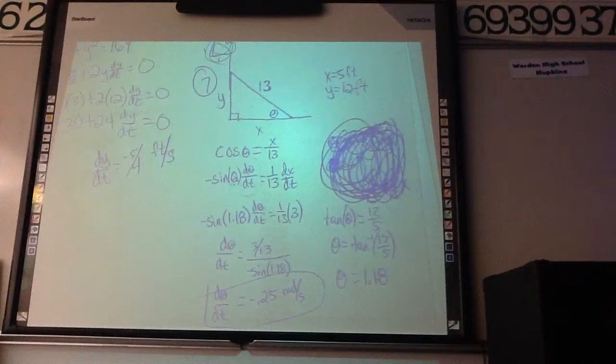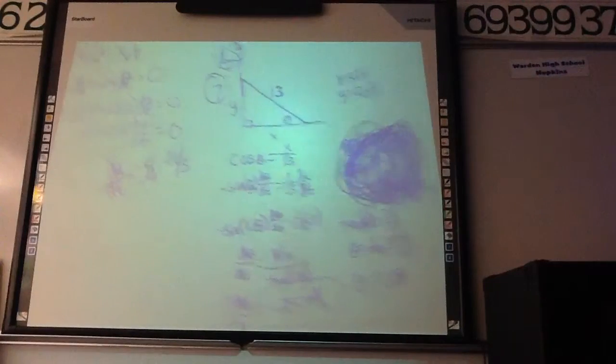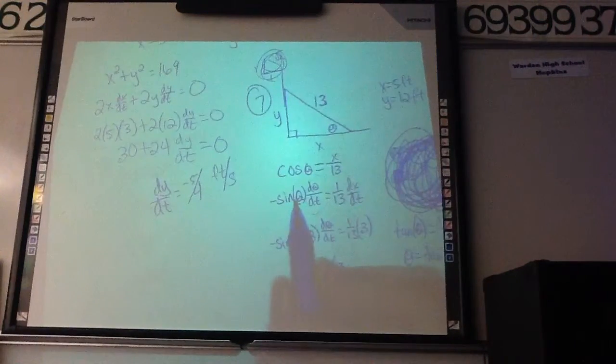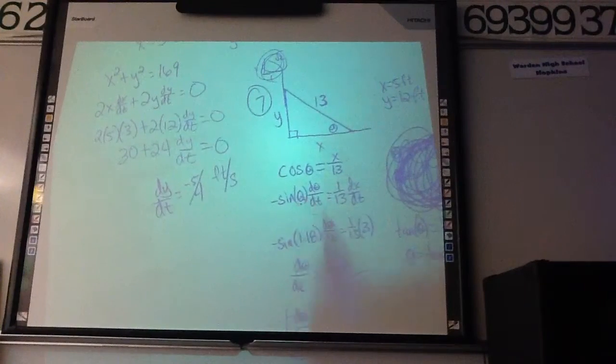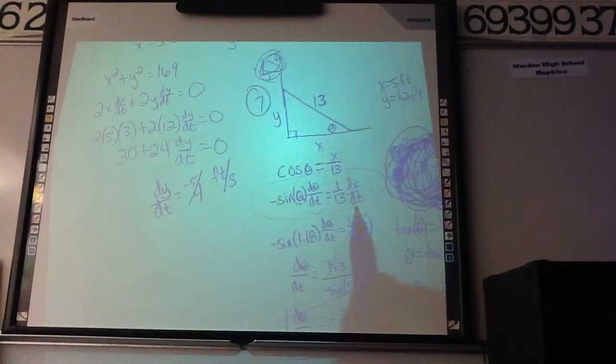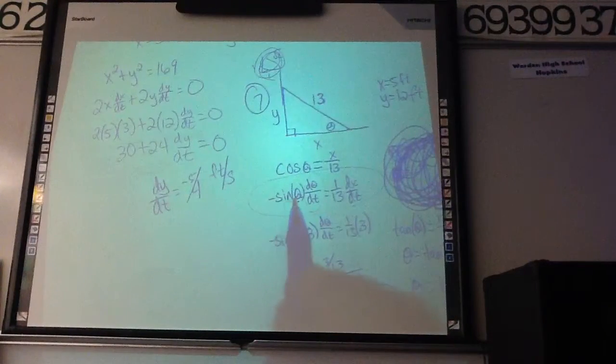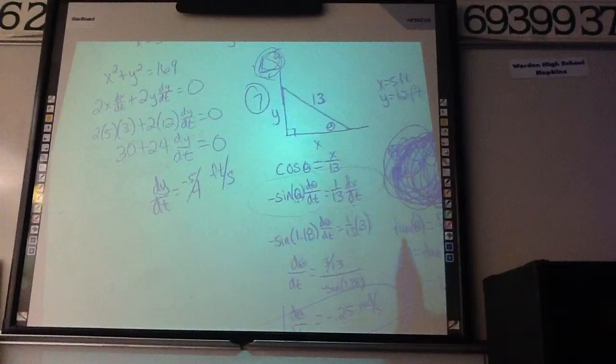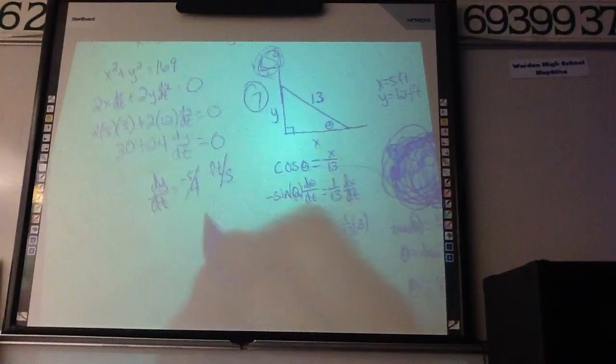Want me to show you a little shortcut? Yeah. Right here. Negative 1/4. Watch this. This is going to blow your mind. Negative 0.25. We had this, right? And we just needed to plug in dx dt, which we knew was 3. If we wanted sine of theta, remember when I told you to pick one? Why don't you just pick sine?